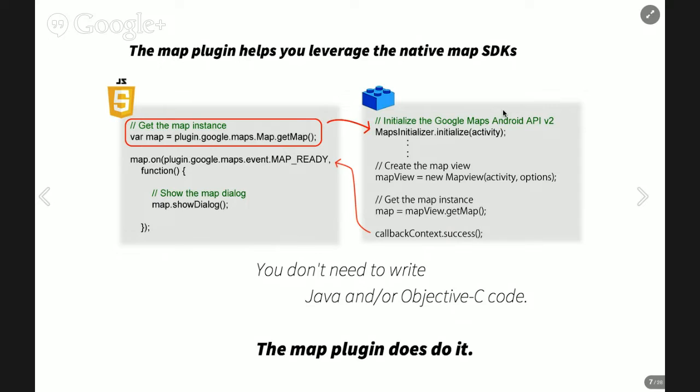That returns a map instance. So just one line, but I wrote over 100 lines of Java code, and also Objective-C. But you can skip that. You just write one line, map.getMap. It's easy, huh?